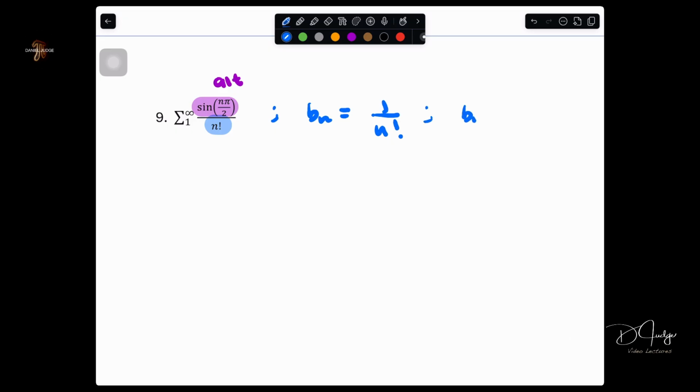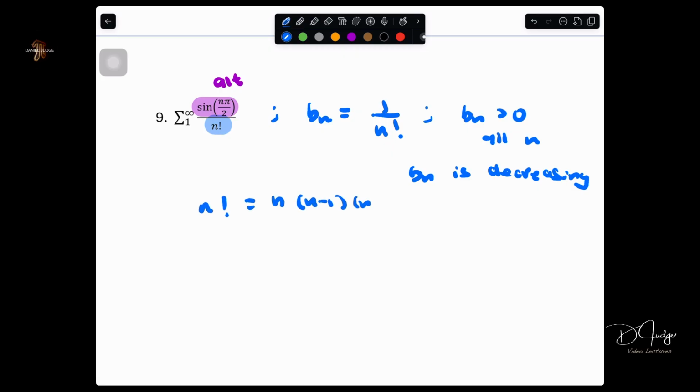Well, these terms are positive for all n, and they are decreasing because the numerator is constant and the denominator is getting bigger because n factorial, if you guys recall, by definition is n times n minus 1, n minus 2, down to 2 times 1.